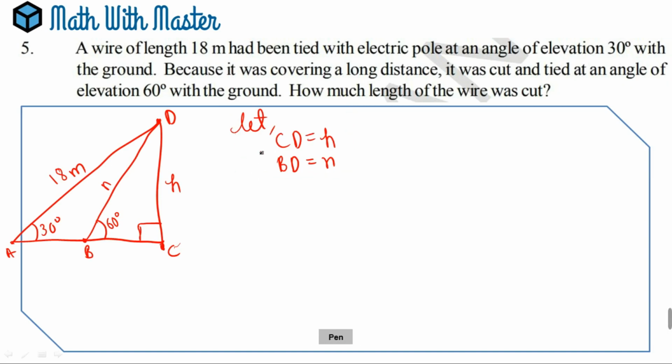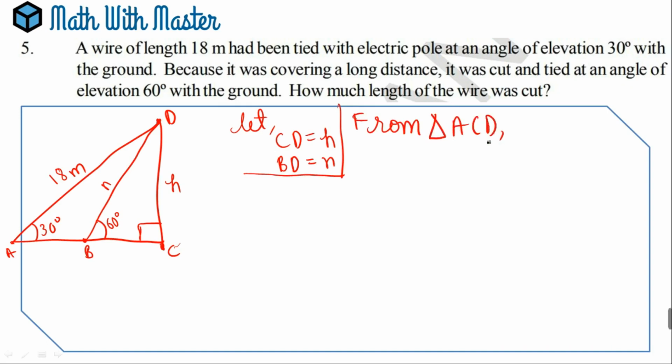From triangle ACD. Now, which trigonometric ratio contains perpendicular and hypotenuse?